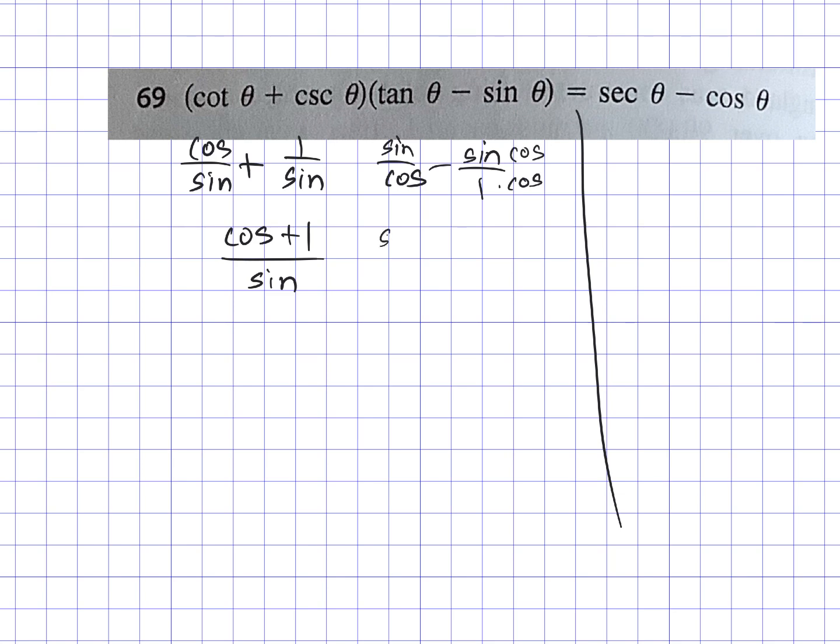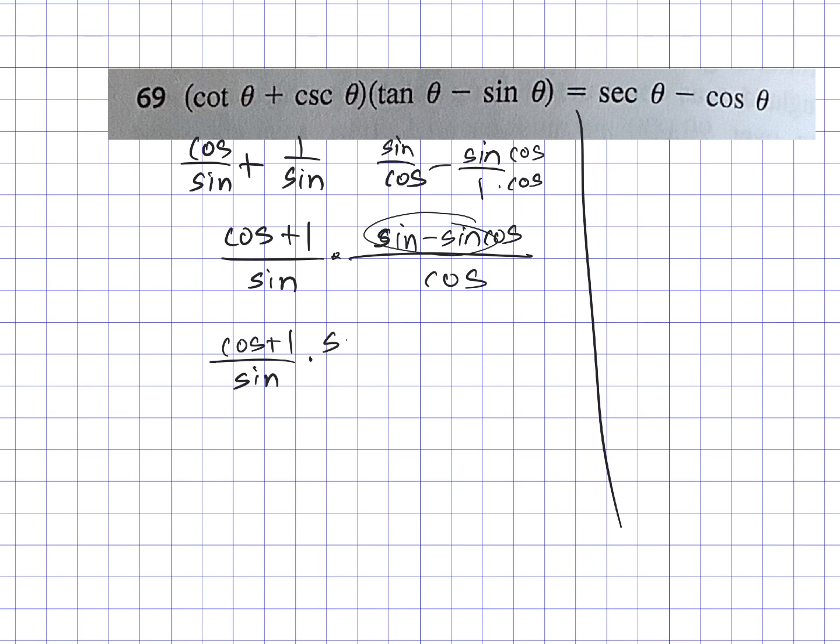So here we get sine minus sine cosine all over cosine. If we multiply these together, first of all, it can get a little messy. You may have gone a different direction than this. Sometimes when you're manipulating, we have a lot of things we can change them into. Okay, let's go with, I want to factor out a sine there, see if that works.